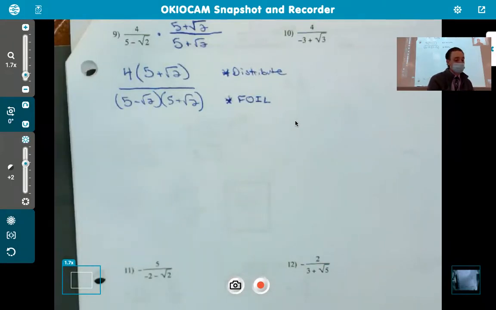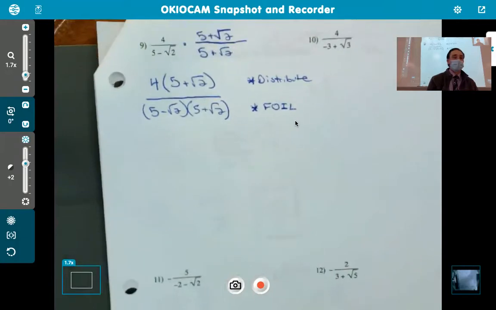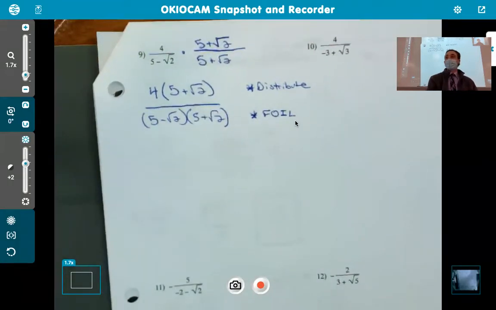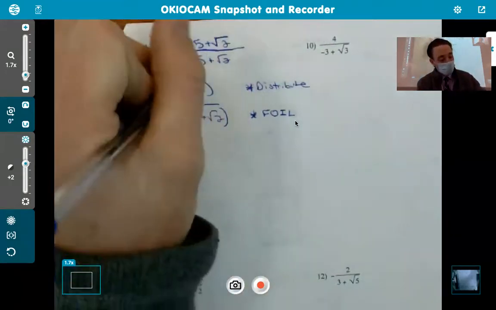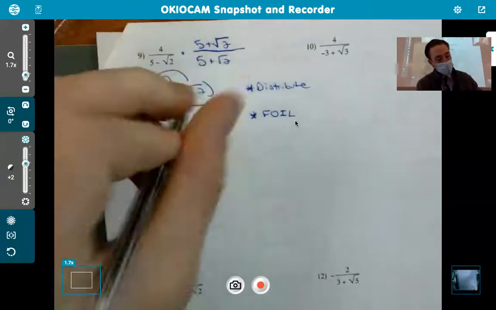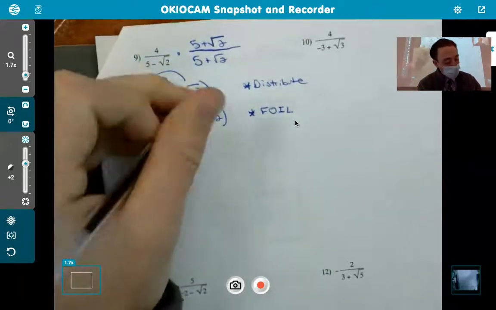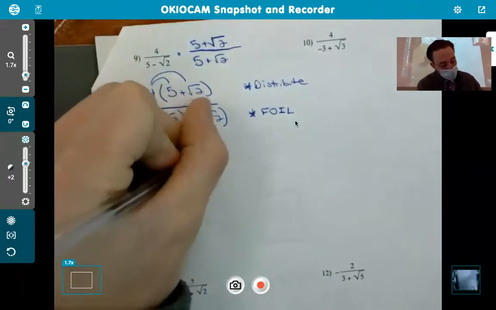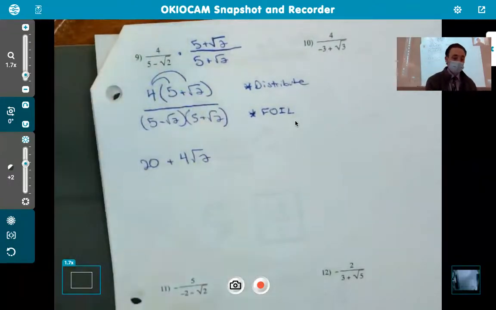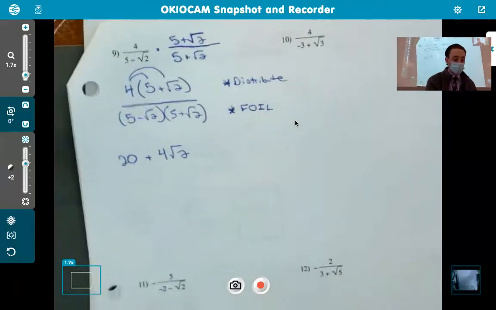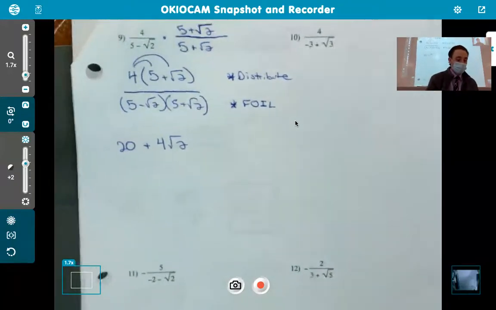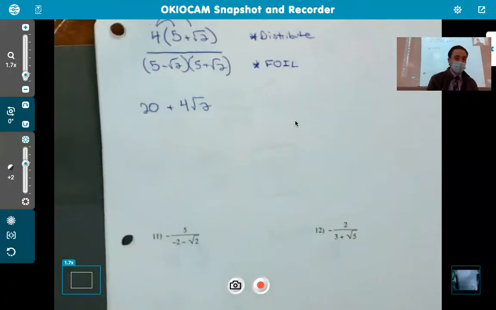Okay. Everybody with me so far? So if I FOIL in my numerator, I have 4 times 5, that gives me 20. 4 times positive root 2 gives me 4 root 2. Okay.